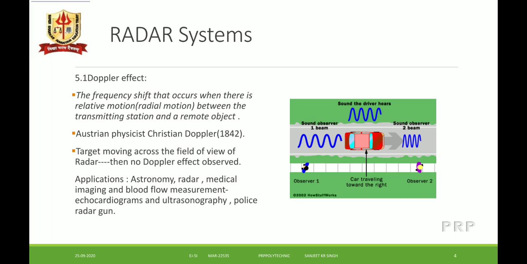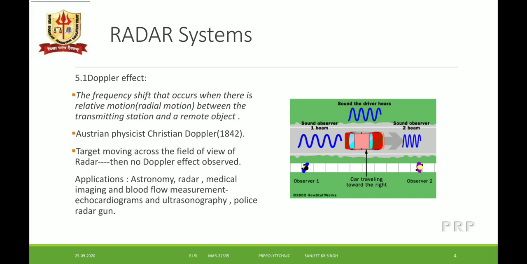Such an effect is experienced in day-to-day life as a honking car, or a car generating noise. As it is approaching, we hear an intense sound signal, and as the car is passing by, then observer one is hearing a signal of lower frequency, whereas the driver is hearing a constant frequency at the source of generation of the sound.